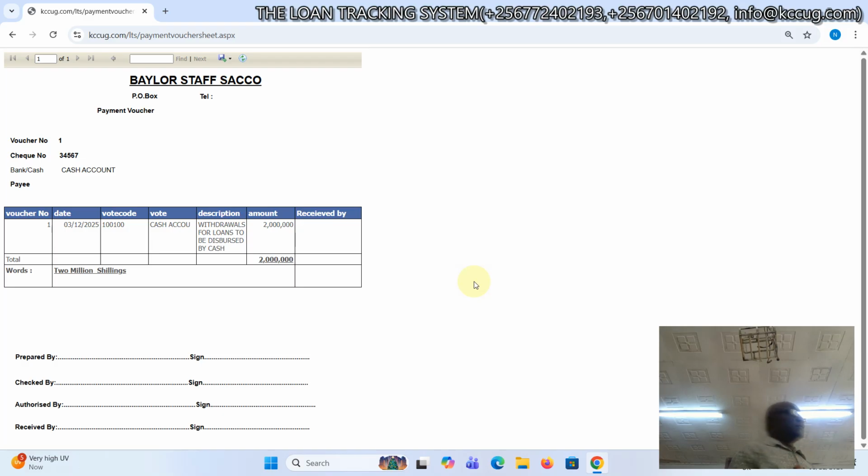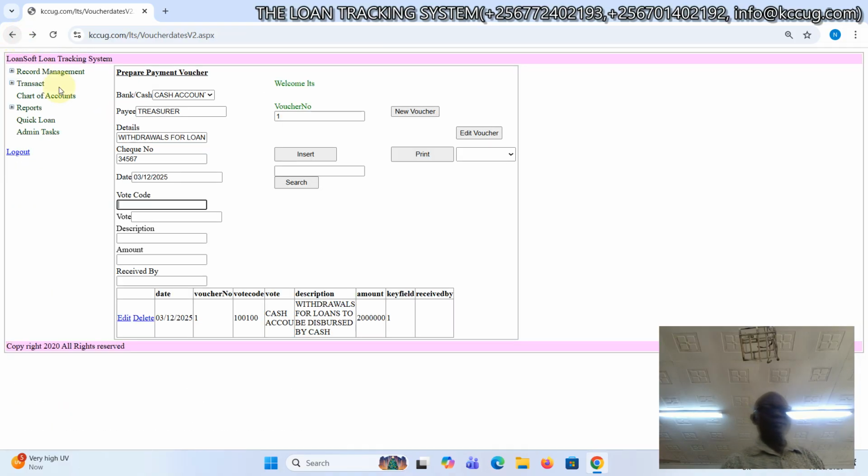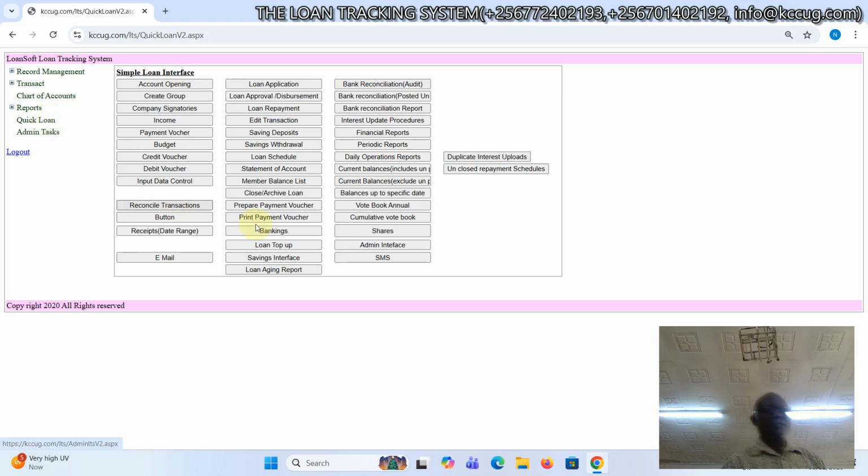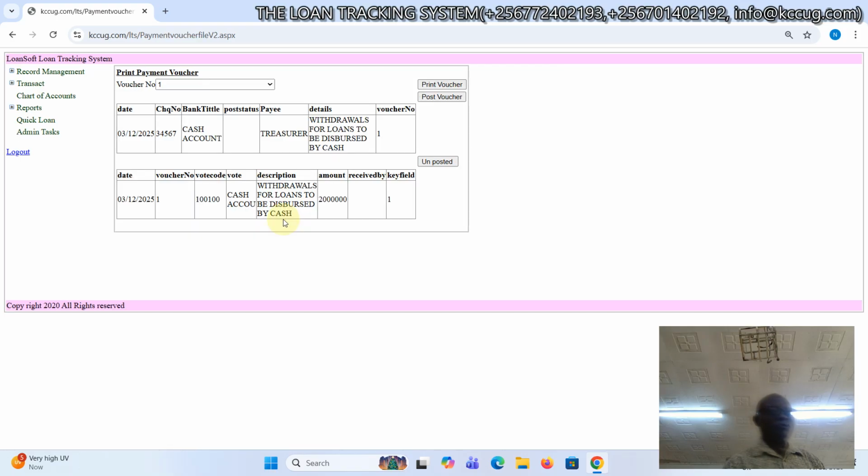At this stage, it is not yet posted to our accounting section. Click on back, click on Quick Loan, click on print payment voucher. This should be print and post.